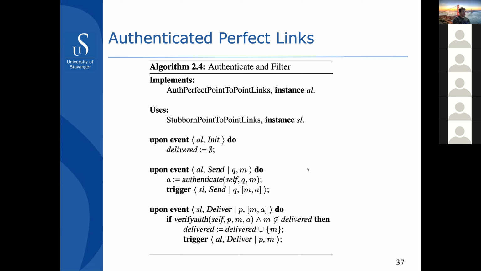The main thing is that whenever the different process receives or has a deliver event, it must be able to verify the message. So it's verifying that the message it received was sent from P. Typically this is what you will do.